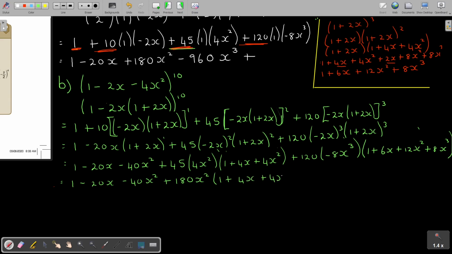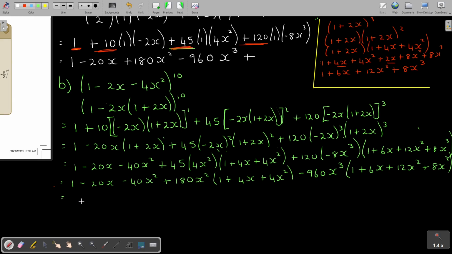It's a lot of concentration. Okay, and then 120 times 8 is just going to be that 960. But be careful, don't leave out that x 3. And then it's 1 plus 6x plus 12x squared plus 8x3.